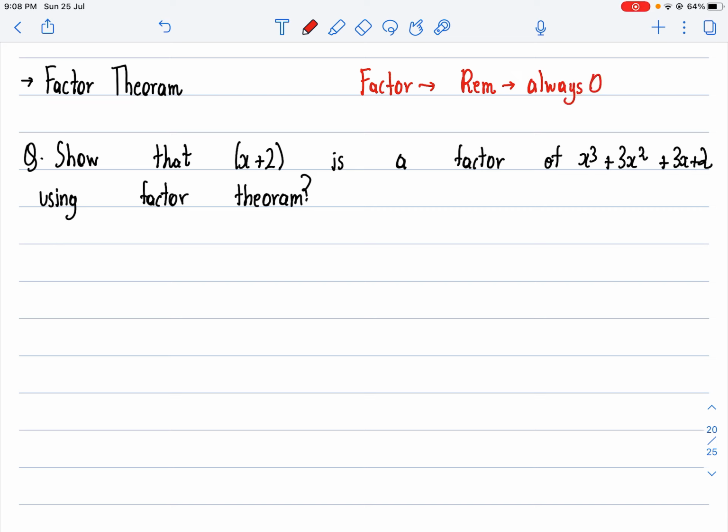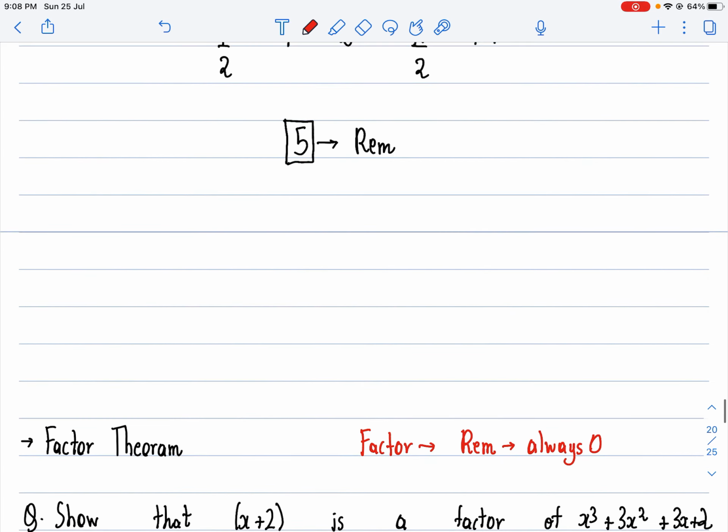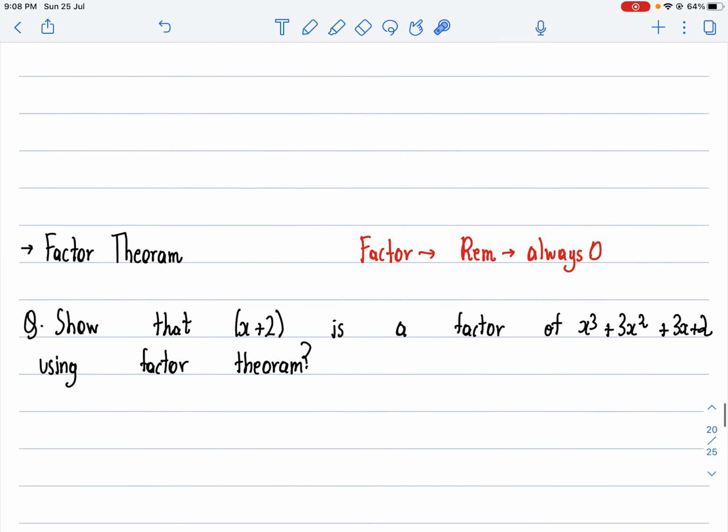When divided, your remainder is always 0, which means it's totally divisible. So the only difference between remainder theorem and factor theorem is that the remainder you obtain after the full calculation is always 0.